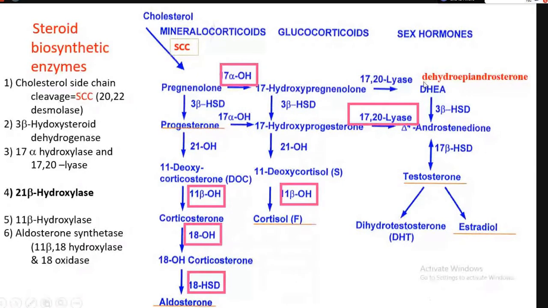Here DHEA, dehydroepiandrosterone, then androstenedione, then testosterone. Then it can make either dihydrotestosterone or estradiol, the female sex hormone. So female sex hormone is made from testosterone.